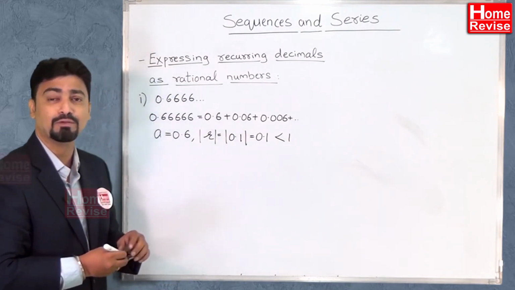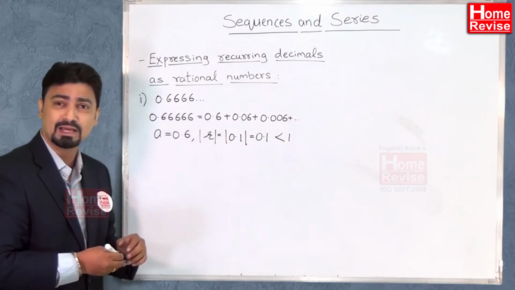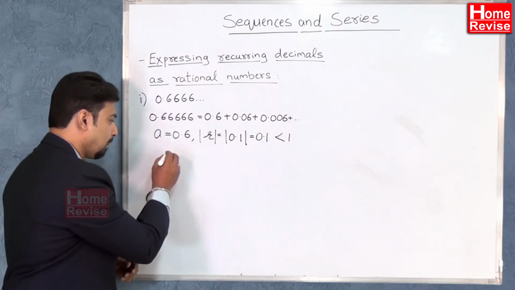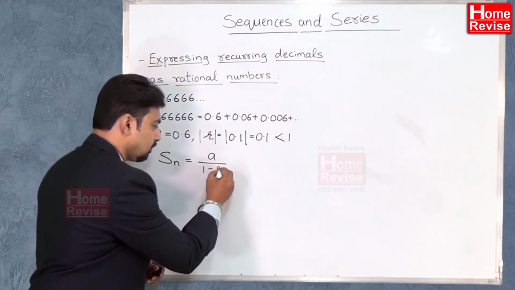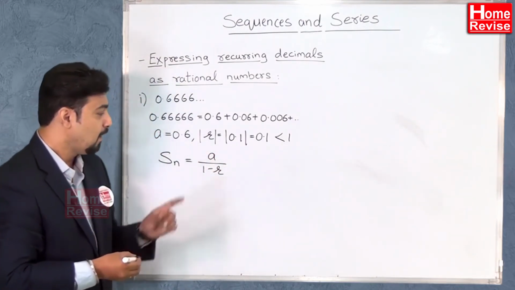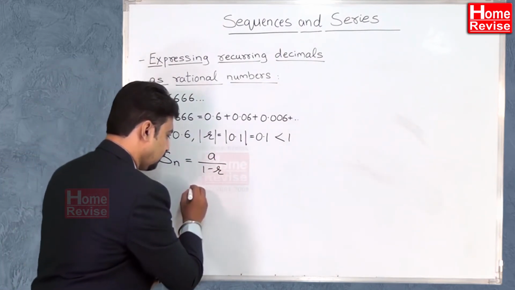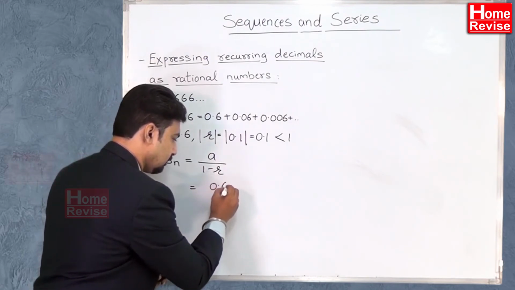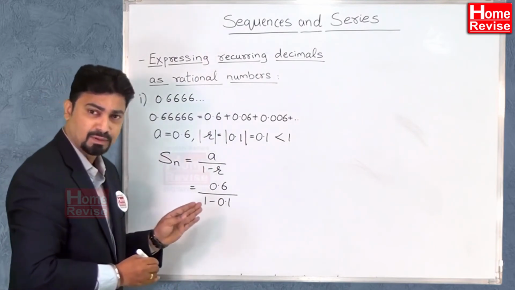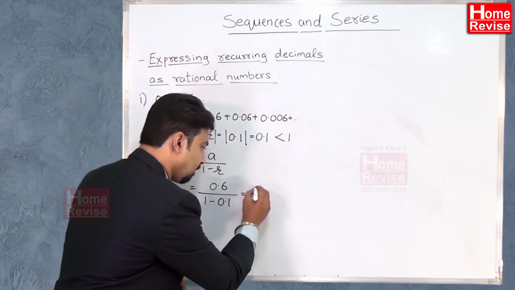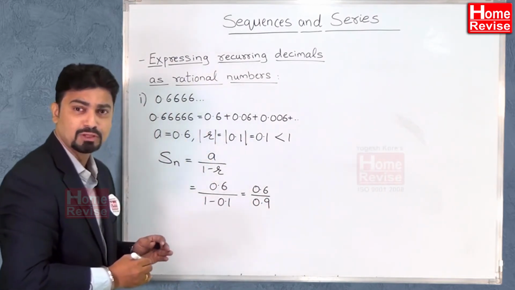So let us find the sum to infinity. What is the formula for Sn up to infinity for a GP where R is less than 1? Sn is equal to A upon 1 minus R. My A is 0.6, my R is 0.1. So let me write down. If I simplify this, I will get 0.6 upon 0.9.